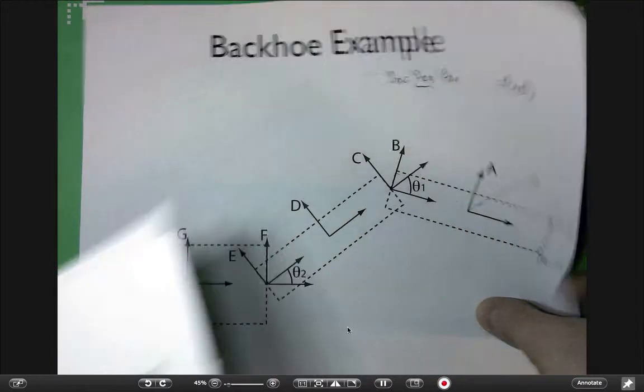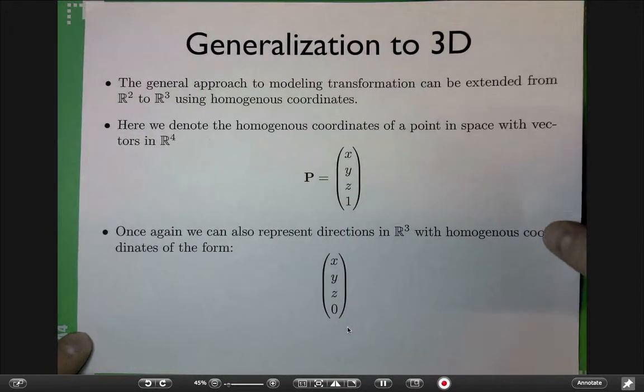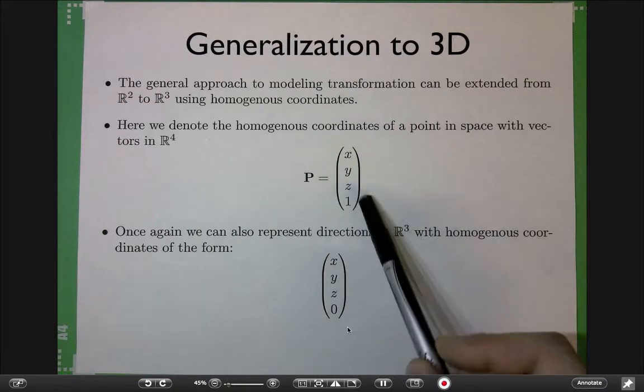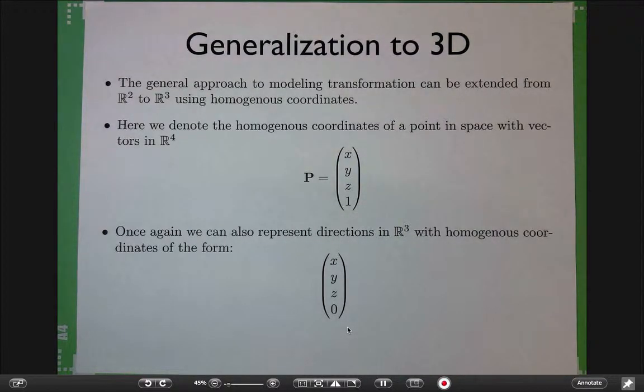There are a couple of slides which say how to generalize this to 3D, but I think that's relatively straightforward, right? So it's always talking about R2 and doing homogeneous coordinates, so that from R2 you go to R3. If I'm in 3D to begin with, if I have a 3D linear space, I'm going to construct a 3D affine space, the exact same trick applies. It's just a little bit more difficult to visualize because now I'm dealing in 4-dimensional space and it's difficult to imagine.